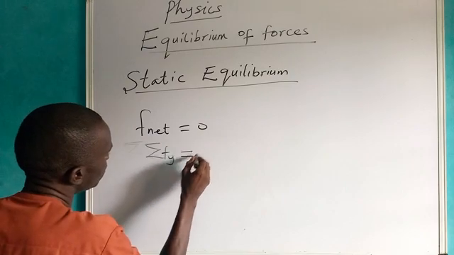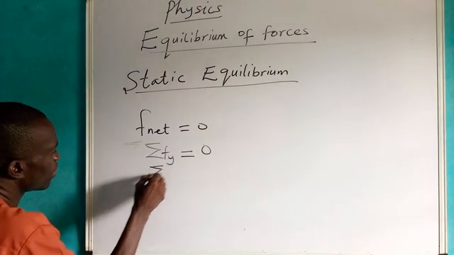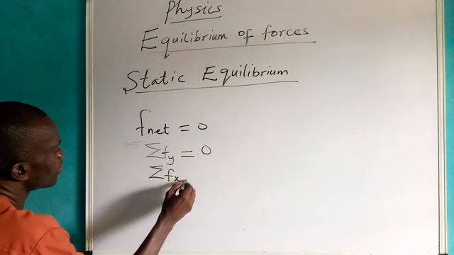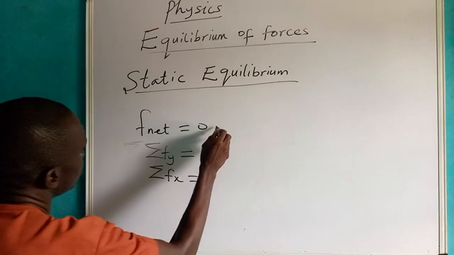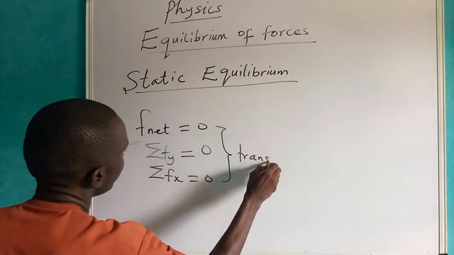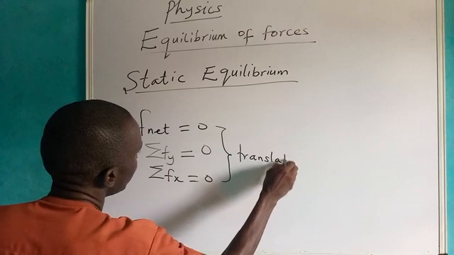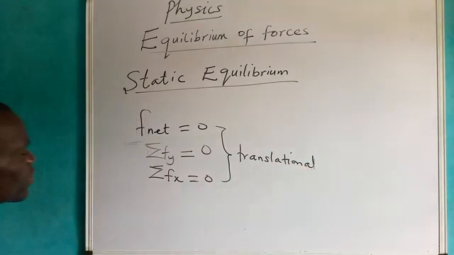For the y component, the sum of the forces must be zero, and for the x component, the sum of the forces must also be zero. This is translational equilibrium. Please don't forget.